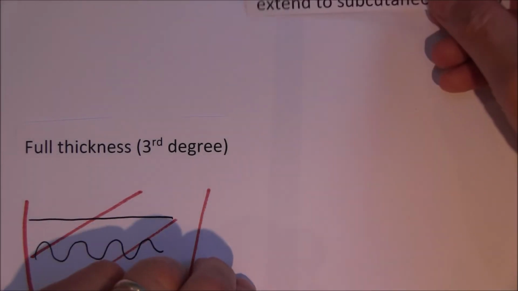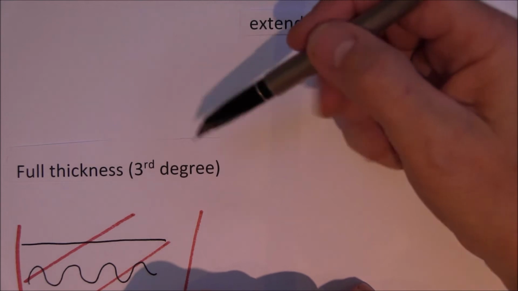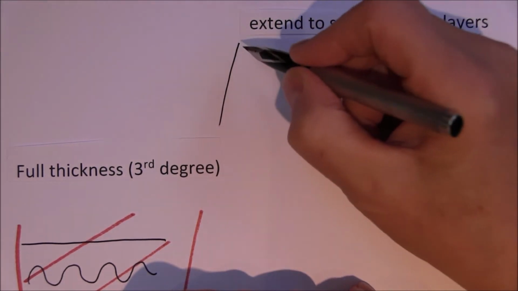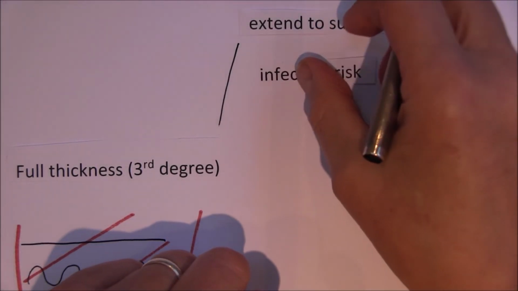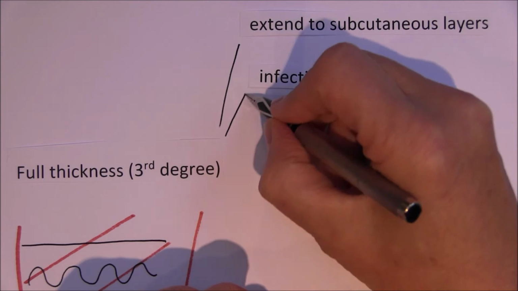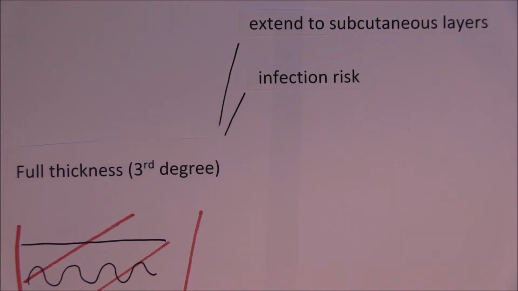These are burns which extend all the way down to the subcutaneous layer, and they have a significant infection risk. As we've discussed with the partial thickness injuries, infection is a big risk with burns.